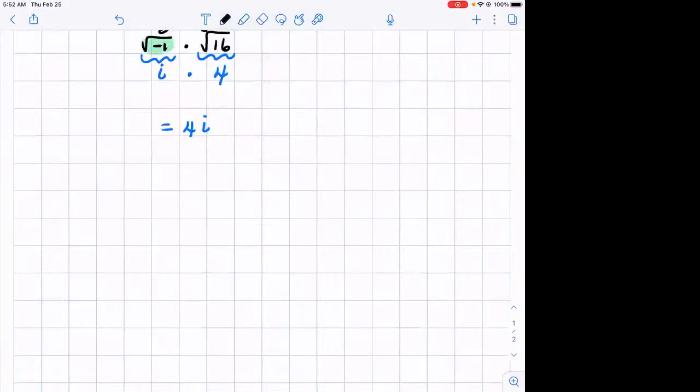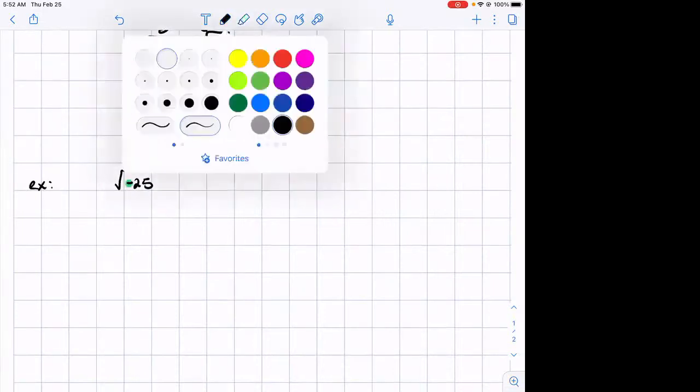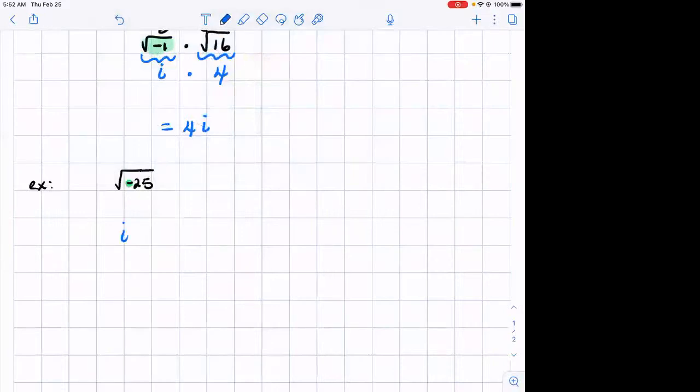If we look at this example here, the square root of negative 25. Because we know that there is a negative here, that negative automatically comes out and can be written as i times the square root of 25. So there is a hidden step here.